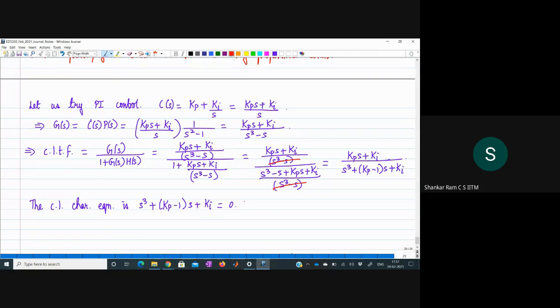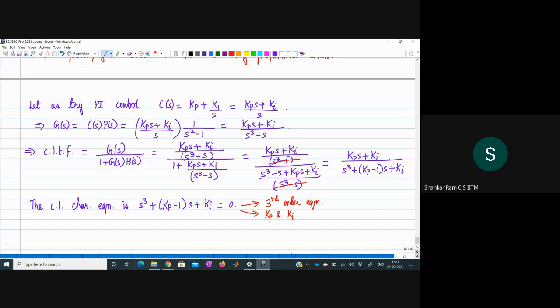So now the challenges are, it's a third order polynomial equation, and the characteristic polynomial is a third order polynomial, and then there are two parameters, Kp and Ki. So the problem has become a little bit complex. That is, how can I find Kp and Ki which will stabilize this closed loop system?